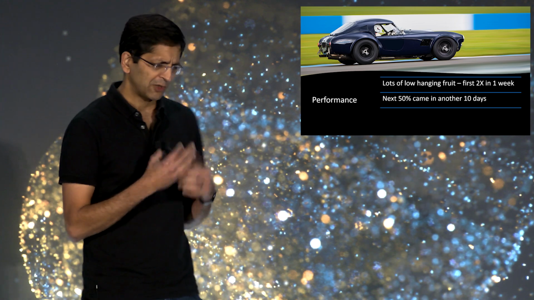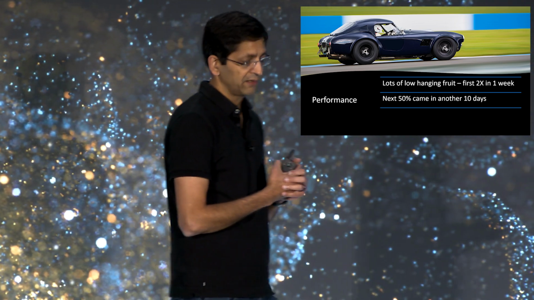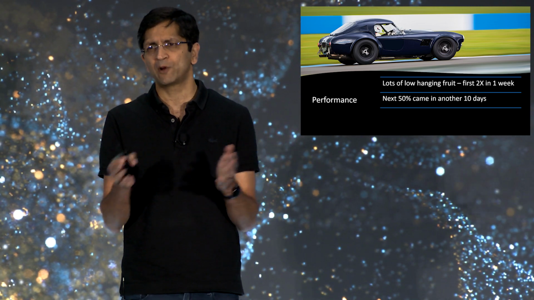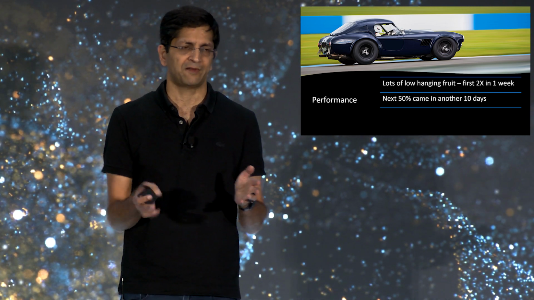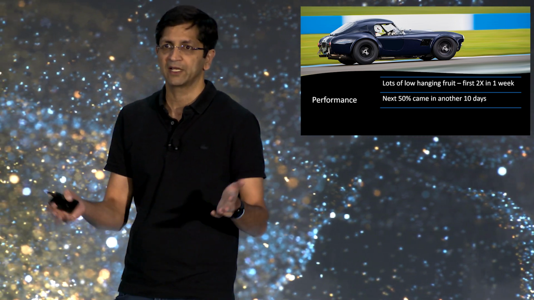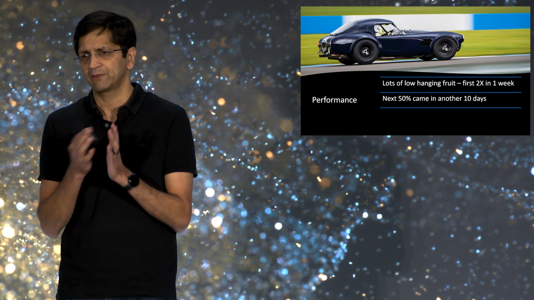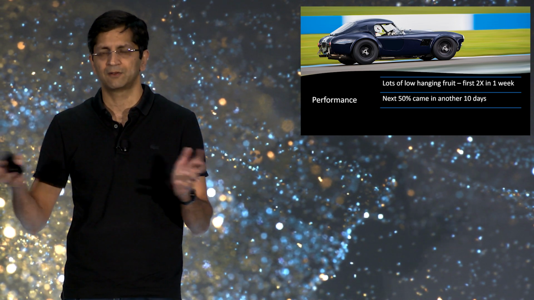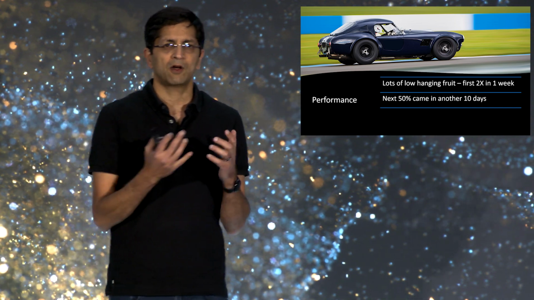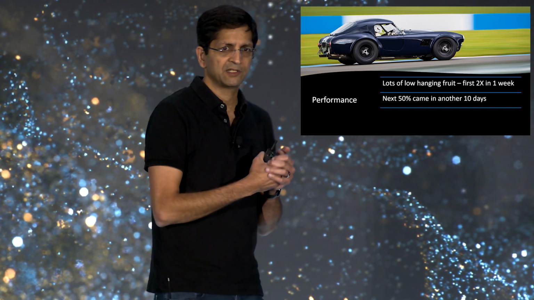The next step got a little harder, but still the next couple of weeks weren't too bad, where we got another 50%. At this point, we're talking about things that are already fairly fast, and it would take a fair bit of work for anybody to get that kind of performance. But as you start digging through code and what's happening, we ran into some data copy issues, where you have some data on the CPU and you're trying to get it to the GPU.